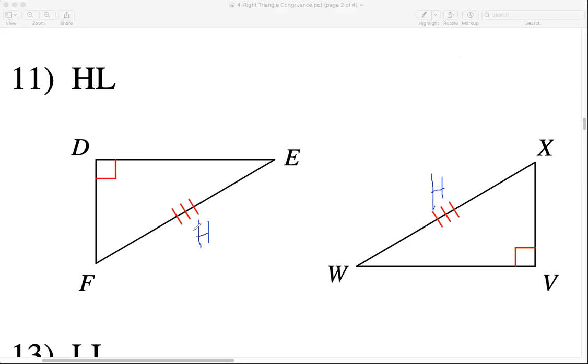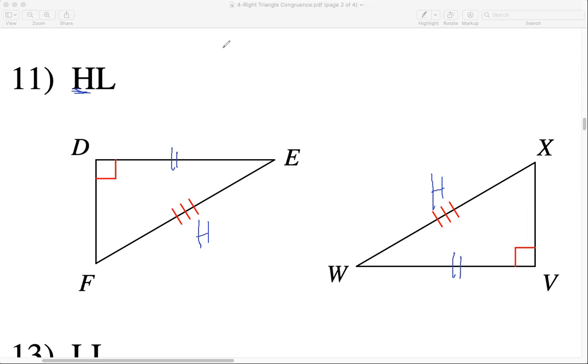Since we already have the hypotenuse, what is missing is the leg. So we're going to find the leg. Since there are two legs, we could use DE and the corresponding part WV.